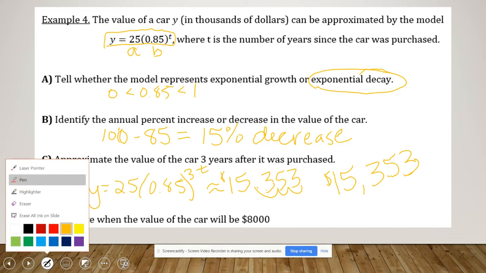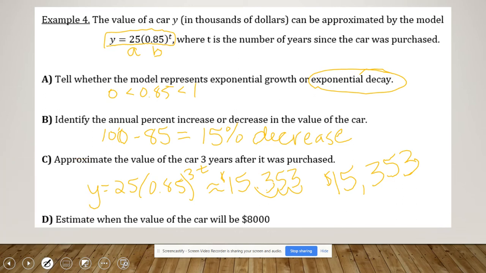Now they want us to estimate, when will the car be about $8,000? Well, that's about half of where our value is now after 3 years. So I think I'm going to start with 6 years. So I'm going to do y equals 25 times 0.85 to the 6th power.